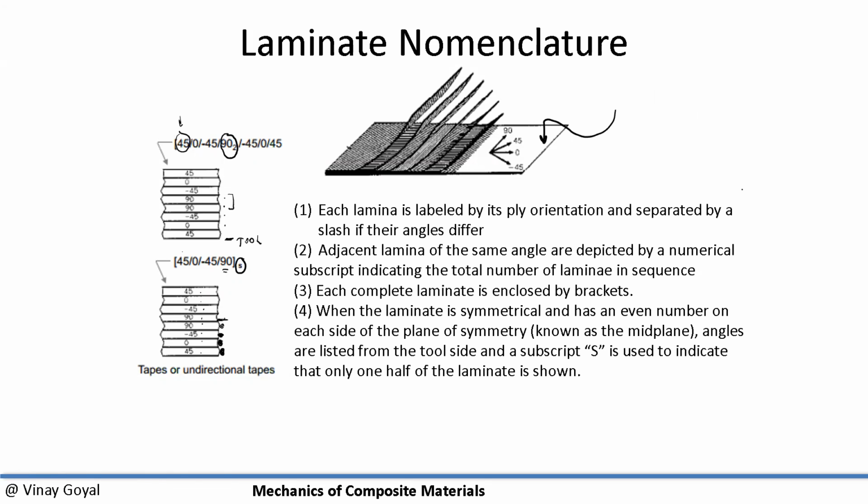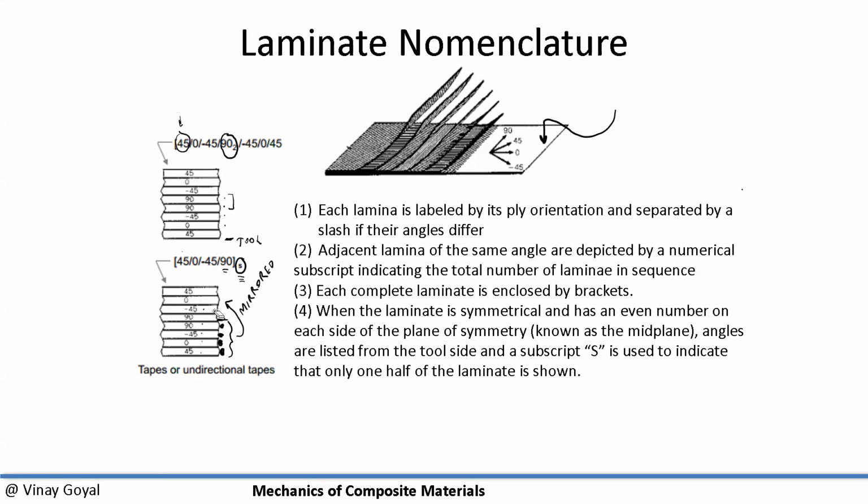Then I close the bracket, and I have an S for symmetric. So that means that this gets mirrored. And you can see that there, 90 got mirrored there, minus 45 is there, 0 is here, and 45 is here. So you can see how everything got mirrored very nicely. We call those symmetric laminates. You can see them a lot in this area of expertise.